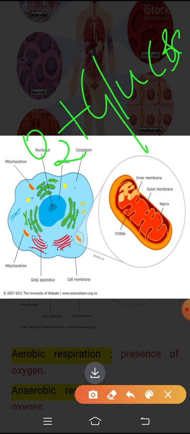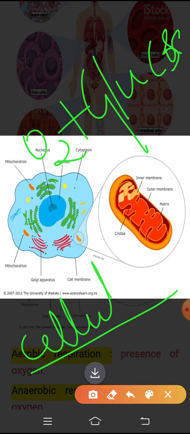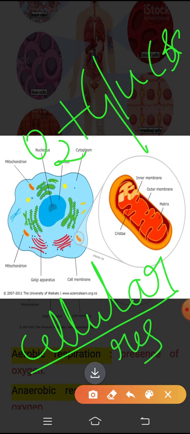Hope you understood, right? As the oxygen and food now enter the cell, what happens? Cellular respiration takes place inside the cells. As a result of this cellular respiration, the energy is released.